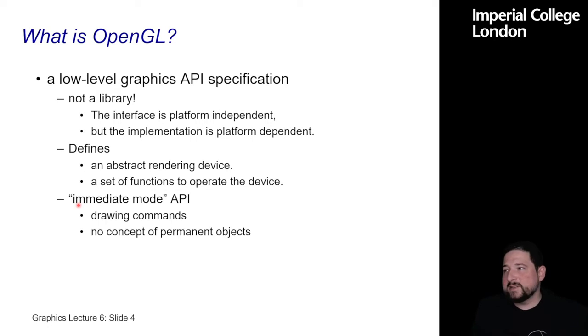The interface defines an abstract rendering device and a set of functions to operate on this device. And it does this in a very strange way. It is an immediate mode API. It draws whatever it gets immediately. It's a real-time engine, and this is kind of different from what you're used to in other programming languages. There is no concept of permanent objects.